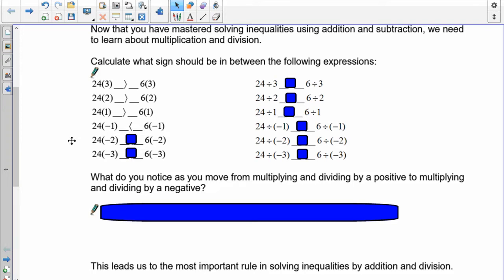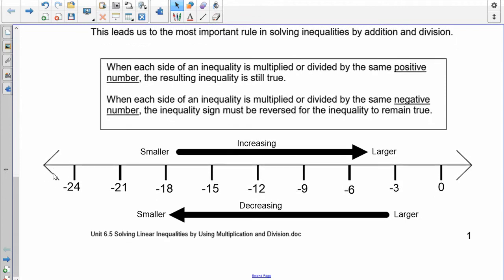To understand that, we're just going to go down below for a second. Here is the 24 that we were talking about a moment ago, negative 24. And here is the negative 6 right here. So this is a typical number line, using just the negative side of the numbers. And you can see as I go to the left here, I'm decreasing by 3 each time. So 0, negative 3, negative 6, negative 9.